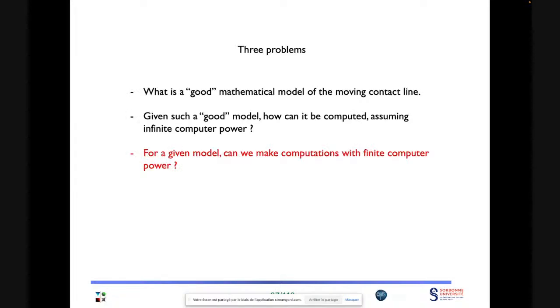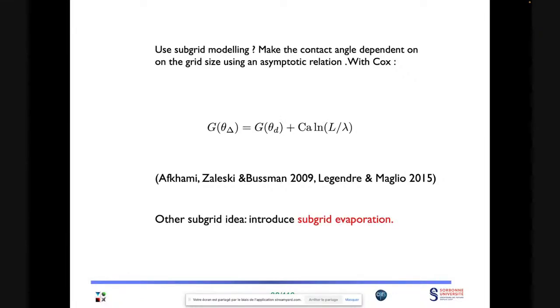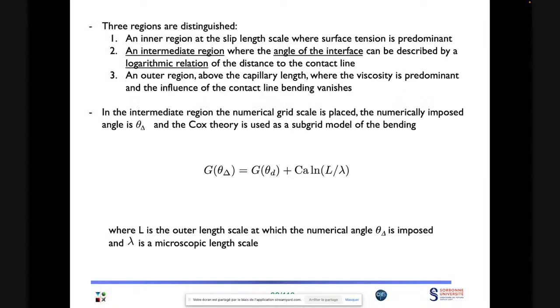Finally, going back to the third problem we have: can we make computation with finite computer power? We suggested something in 2009 for that, and Lejeune and Maglio restarted that. We suggested using the Cox relation again, so I've written it again. There are other subgrid ideas that I'm also working on, like subgrid evaporation, but I will just talk today about the Cox approach.